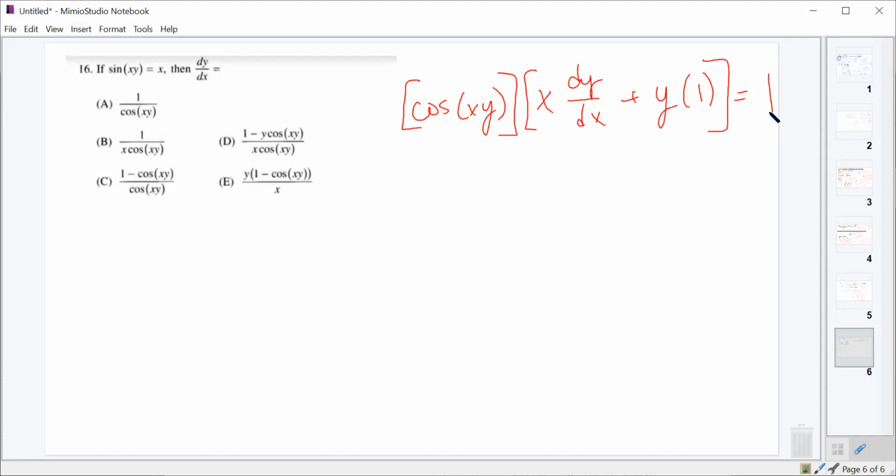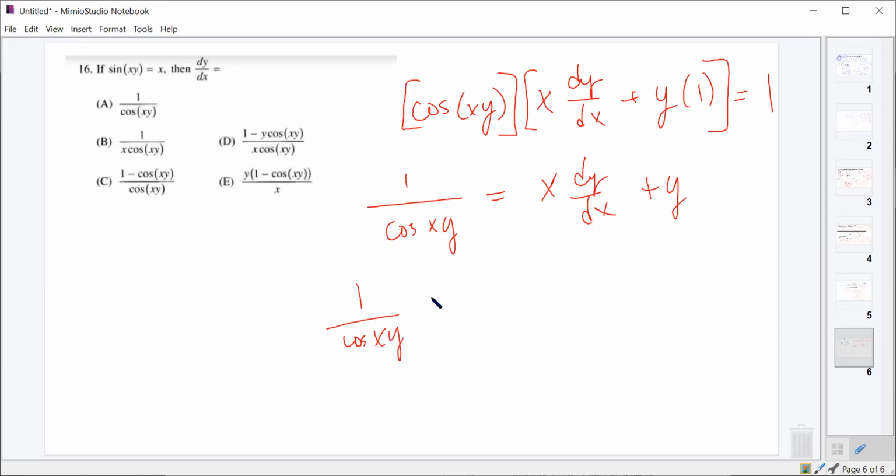So now we're just solving for dy/dx. We can do 1 divided by the cosine xy equals x dy/dx plus y. And then I can subtract y: 1 over cosine xy minus y. And we're going to have to divide that all by x anyway, so over x equals dy/dx.